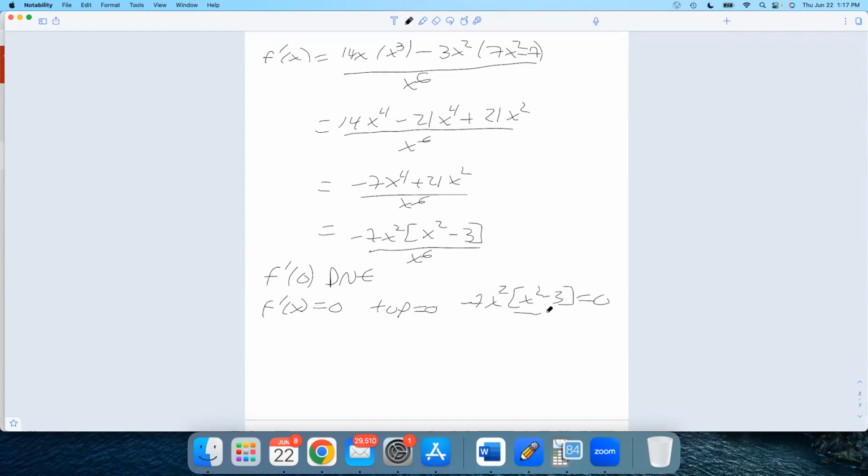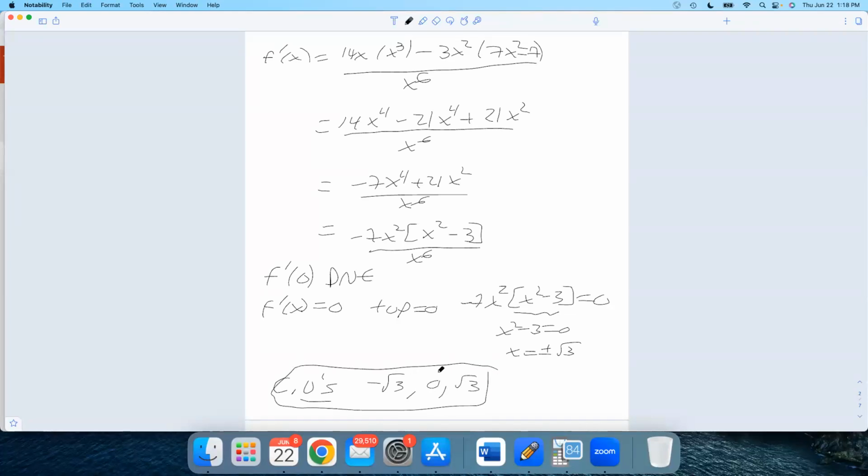So that means this must be 0. Or x equals plus or minus the square root of 3. So we've got three critical values here. Let's list those out. We've got negative root 3, 0, and positive root 3.